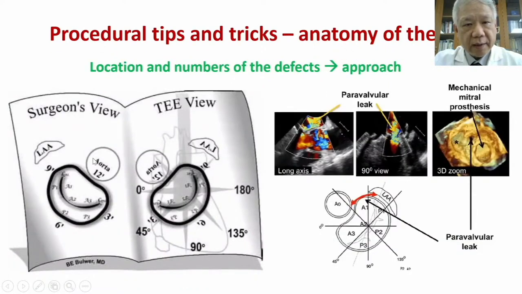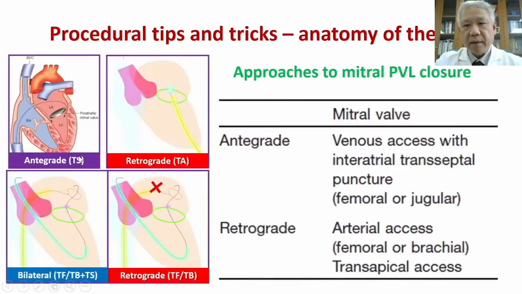The location and the number of the defects may determine the approach. Much of the approach to percutaneous PVL closure depends on the locations and numbers of the defects and the vascular access difficulties of the patient. Percutaneous approaches to mitral valve PVL closure can be summarized in this figure.